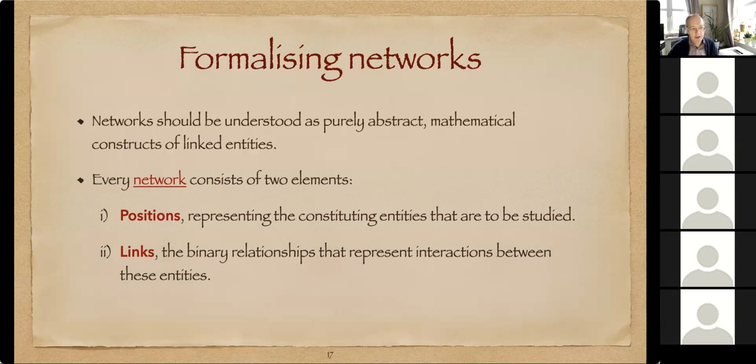And the second element is those relationships, binary relationships only, links. If you want to describe different types of relationships, namely group relationships, that you form clubs or something like that, that's also possible, but that is not part of network theory. Those things are called hypergraphs in mathematics, and there's a whole theory about them as well.